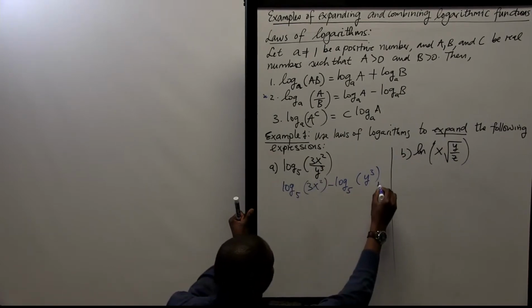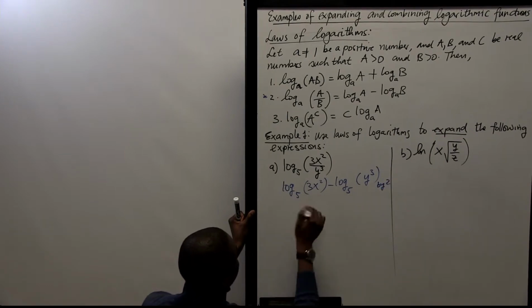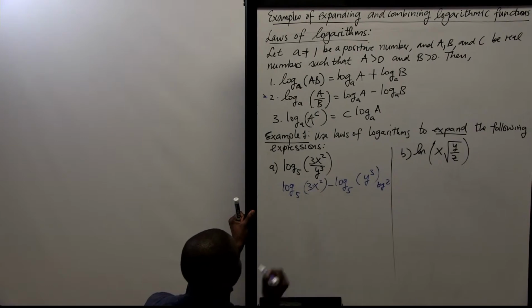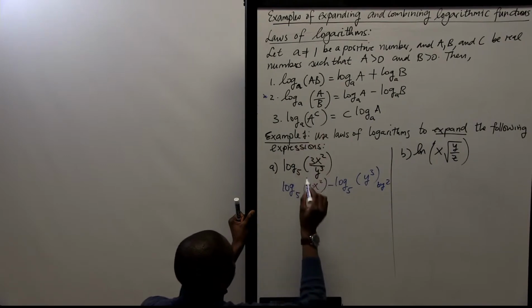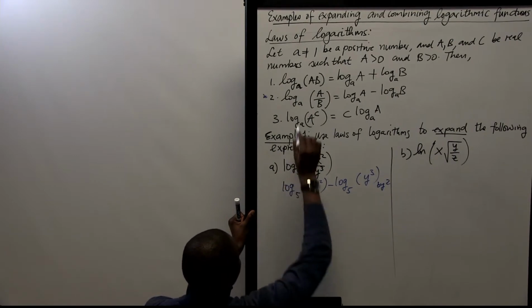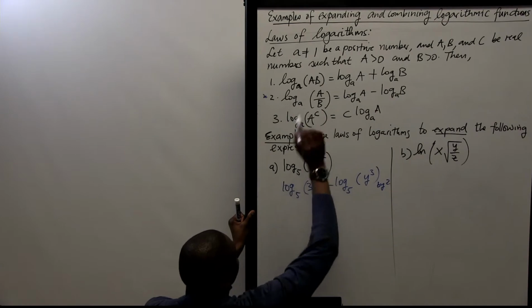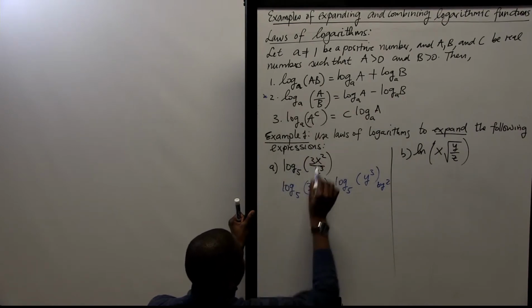You can also see that we now have a product, 3 times x squared. We can apply property number 1 before we get to property number 3. If you have a product, the product becomes a sum.